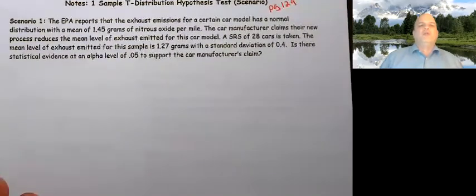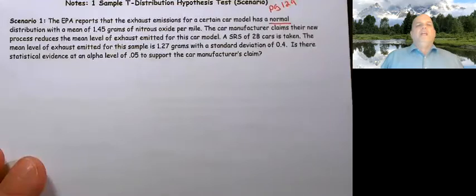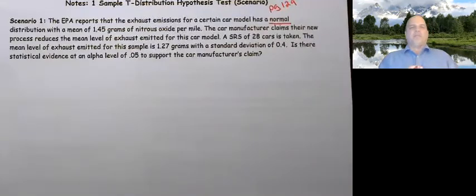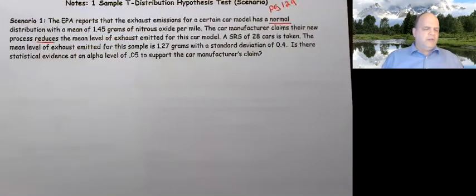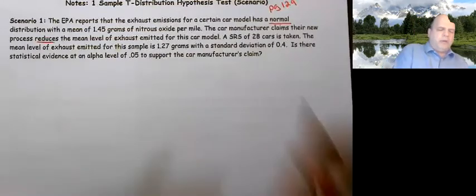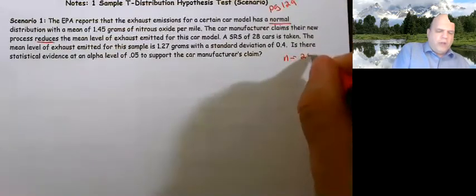The EPA reports that the exhaust emissions for a certain car model has a normal distribution. So they're telling me the underlying distribution is normal, with a mean of 1.45 grams of nitrous oxide per mile. So the claim, or the status quo, is 1.45 grams of nitrous oxide. The car manufacturer claims their new process reduces the mean level of car exhaust for this model. A simple random sample of 28 cars, so we have n equals 28, is taken.